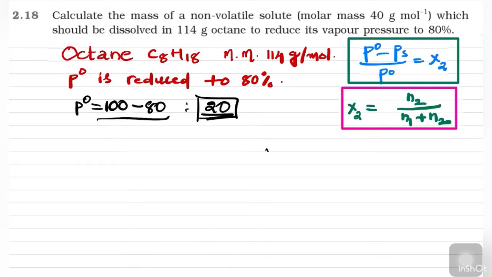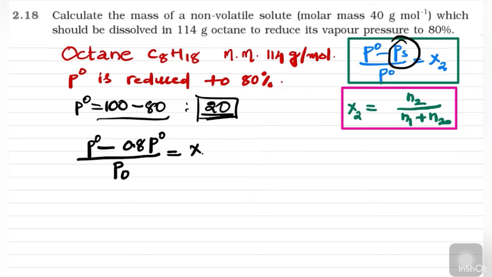So we'll plug in the values in the same Raoult's law and solve the problem. Let us say P naught minus Ps is going to be 80% of P naught. That means I can write 0.8 of P naught, which should be divided by again P naught, which is equal to x2. So I'll write P naught as common.